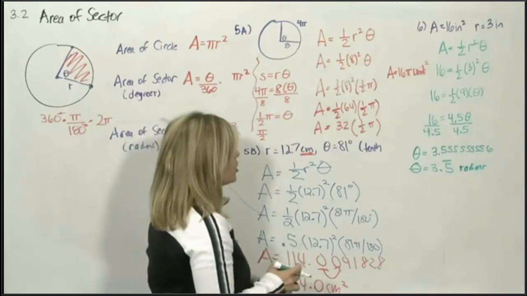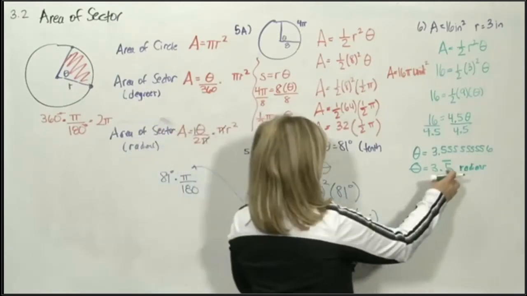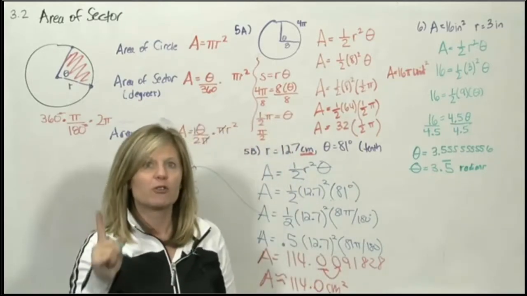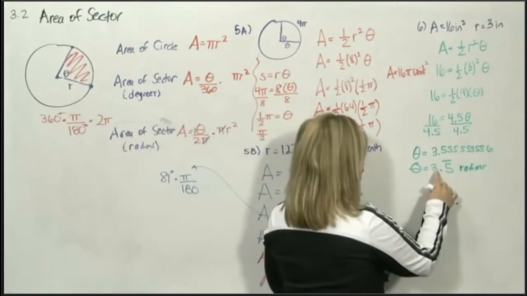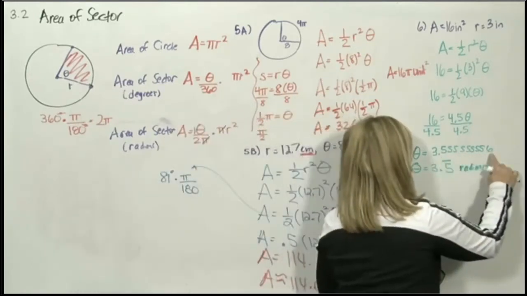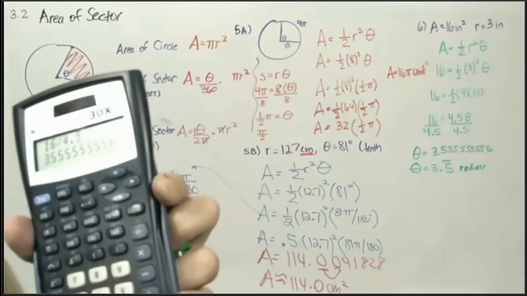Now it asks to change this into decimal degrees. Well, the first thing you got to do is change this from radians to degrees. So you have to do your conversion. Here's the boo-boo. You cannot just use 3.5. You have to use the whole radian measure. So keep it in your screen.